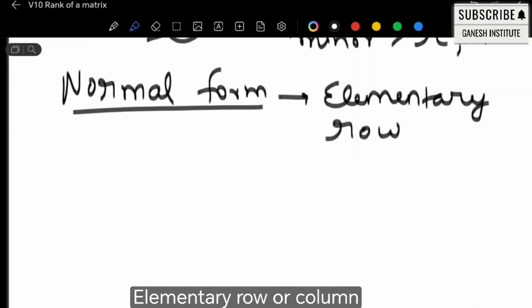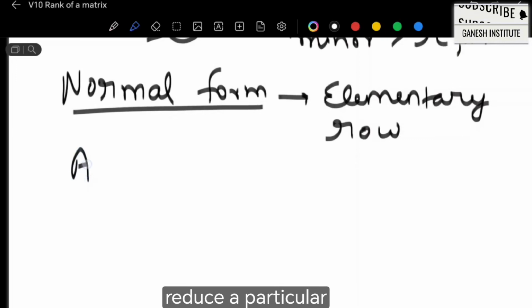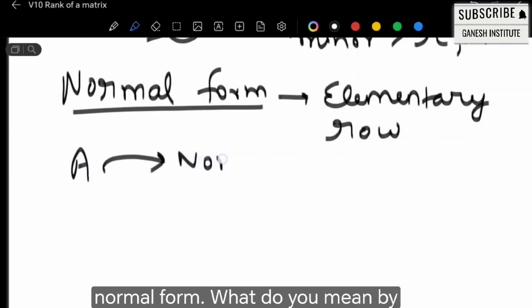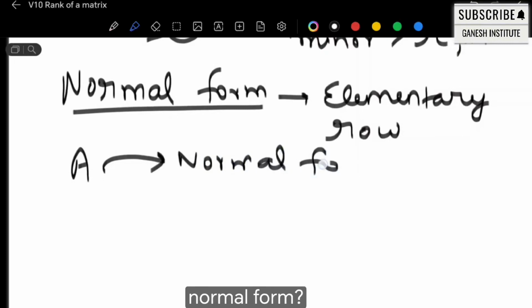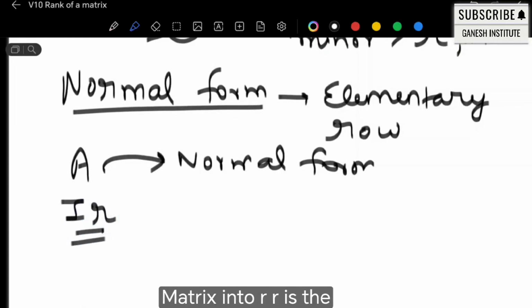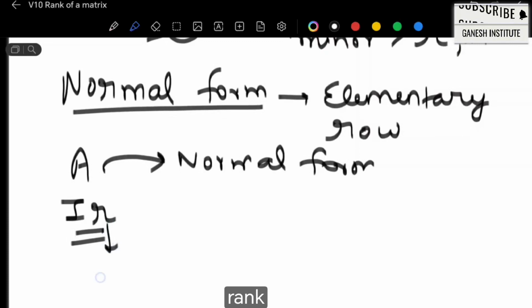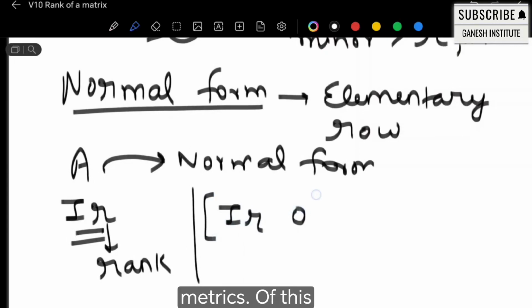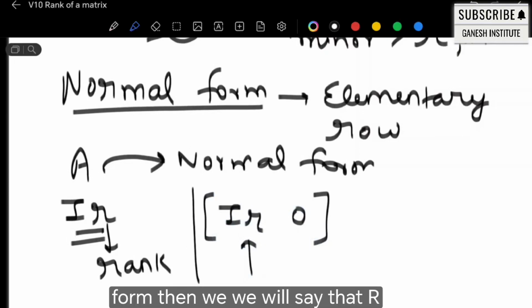You need to apply elementary row or column transformations. Now, you need to basically reduce a particular matrix into normal form. What do you mean by normal form? It may be I_R, so identity matrix of order R, where R is the rank. Or any matrix of this form, then we will say that R is the rank.